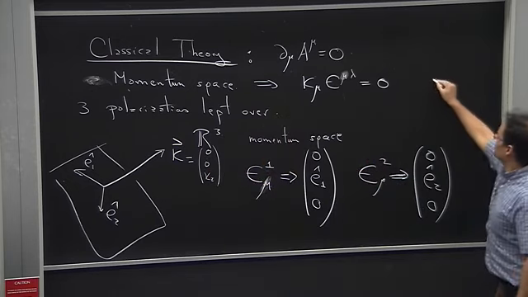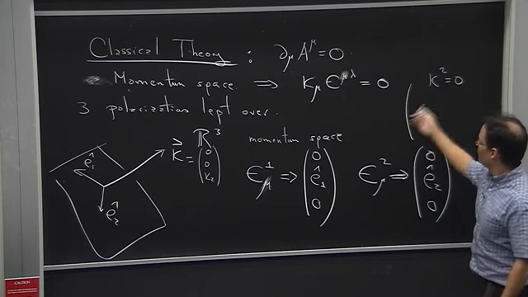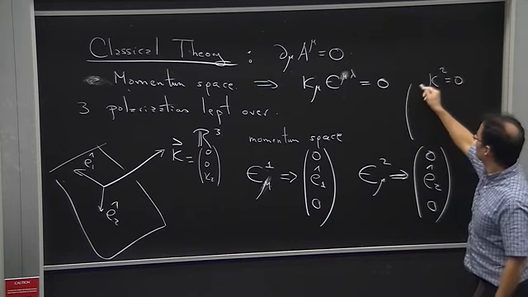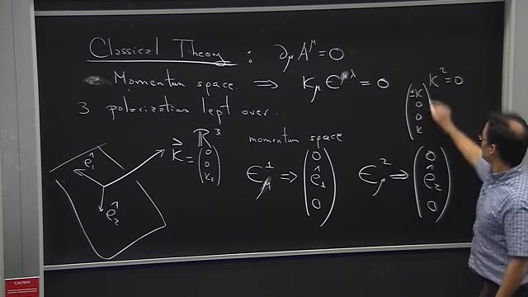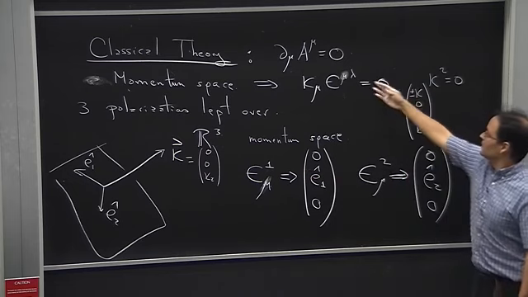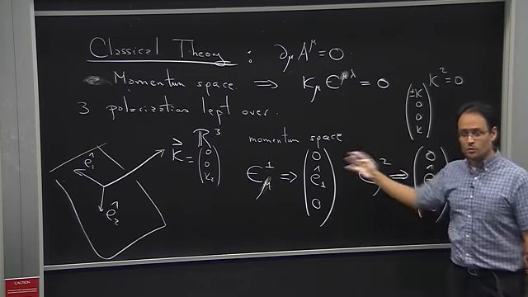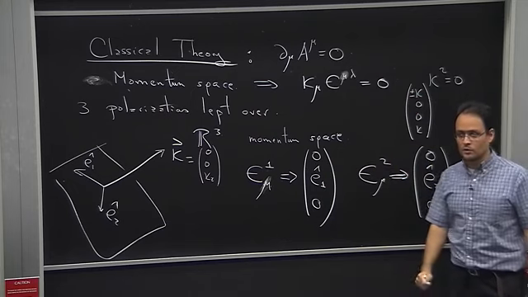And with this choice, and remember that k squared is equal to 0, we know that k is now a vector that has the form plus minus k, 0, 0, k. Now, if you dot this with this, you get 0. If you dot this with this, you get 0. So this two-dimensional space is still a full dimensional space.